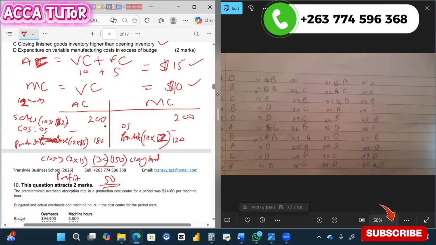Closing stock, that's how many units? 2 units multiplied by $10. So that's 20. So we come to 100.